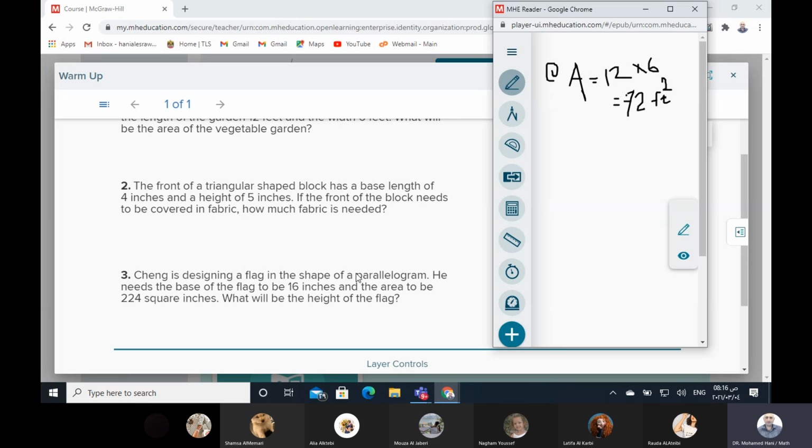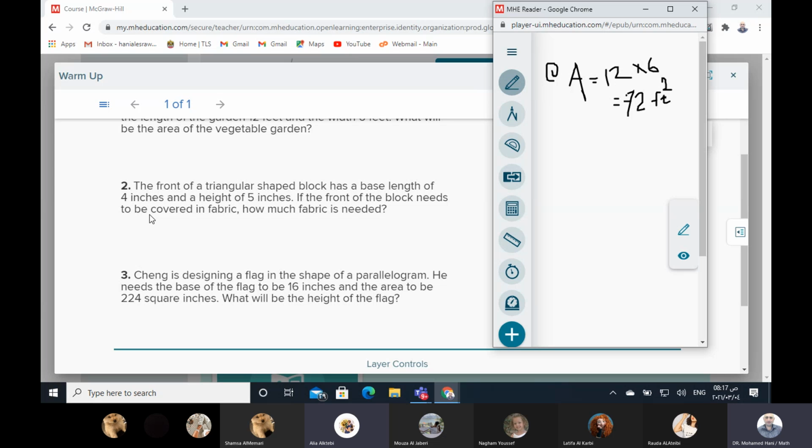Okay, who can read exercise number 2, please? Alia. Yes, Mister. The front of a triangle-shaped block has a base length of 4 inches and a height of 5 inches.